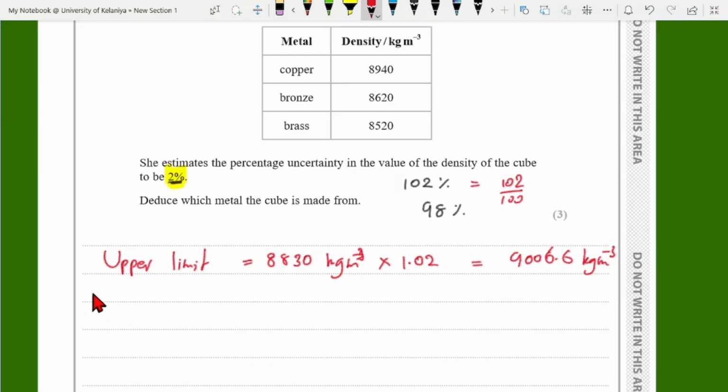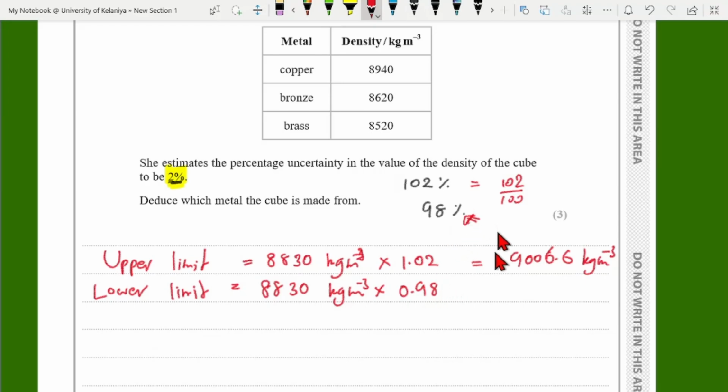And if you calculate the lower limit, it will be 8830 kilograms per cubic meter times, doing the same thing here, 0.98, because it is 98 over 100.